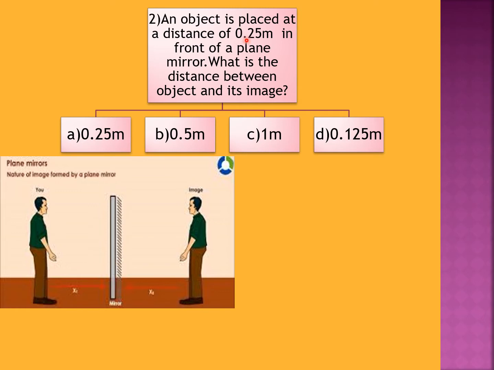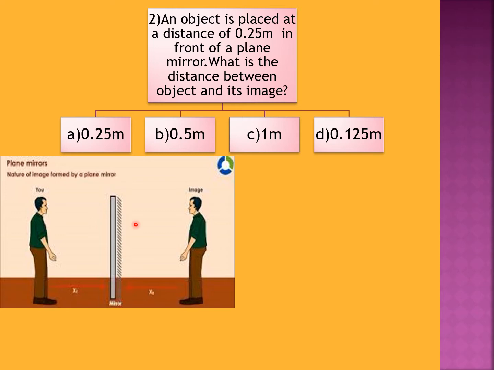Now, our usual tendency is to read in our mind that it must have asked what is the distance between the object and the mirror. But then the answer is already given, since the distance between the object and the mirror is given. Then we think, okay, it may be the image and the mirror. If you don't read the question, such mistakes may occur, and this is a common mistake.